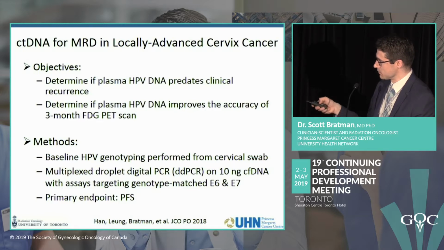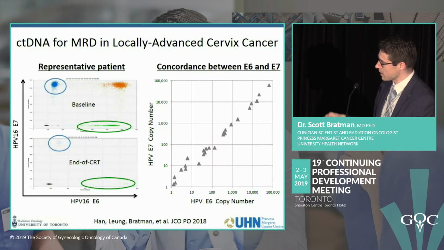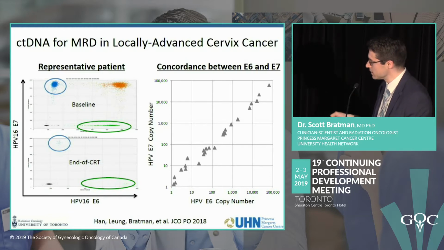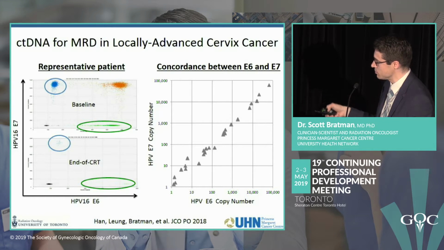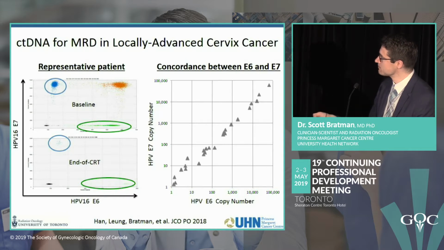So those were the dual objectives of the study, and the method we used was the digital PCR method that I showed you earlier. We looked for both HPV 16 E6 and E7 in a multiplex digital PCR assay. And this data is just showing you that the two copy numbers in patient plasma were nicely correlated with one another.